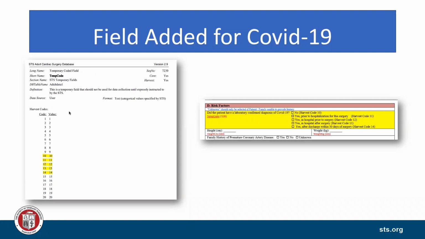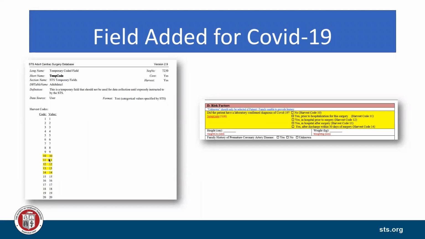However, when we went to use it to collect this extremely important data, we found that these fields had been used over 20,000 times, that there was data in here on 20,000 different cases for version 2.9, which means that somebody or some sites are using these fields as not instructed by STS, which makes it hard when we have instances like this where we really need to collect emergent data, almost impossible.